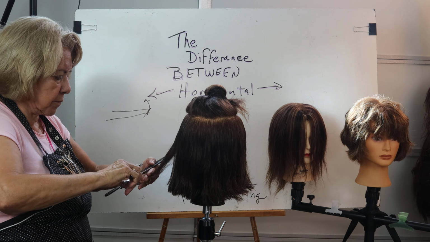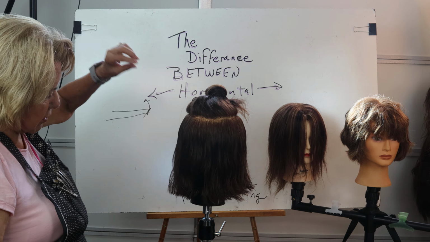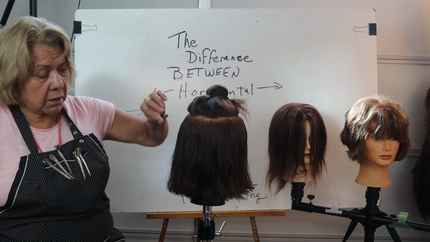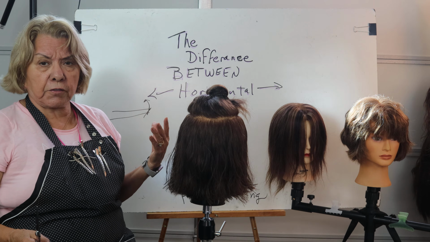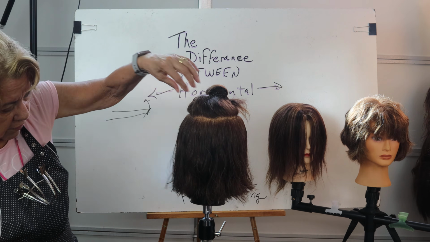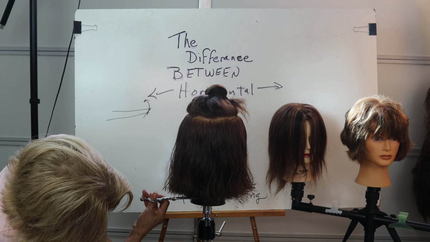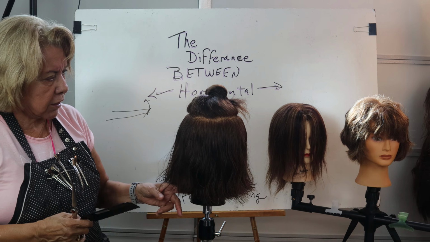But you can see, primary position, it's just flipping out. Now, do you want movement? Yeah. That would work for movement if they don't want a really hard line, if they don't want it to look heavy. So, does it look a little bit more movable? It does a little bit more. I got some down here that I'm going to cut. You can see them down on the lower nape.